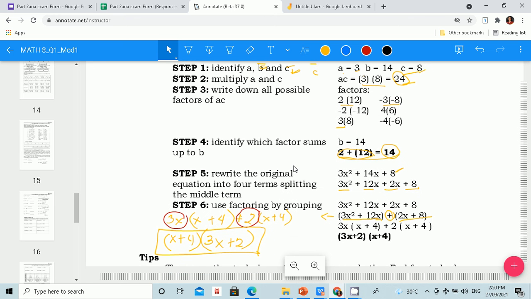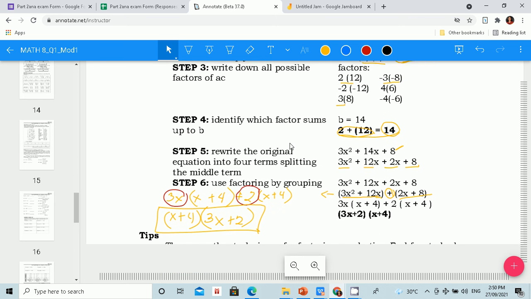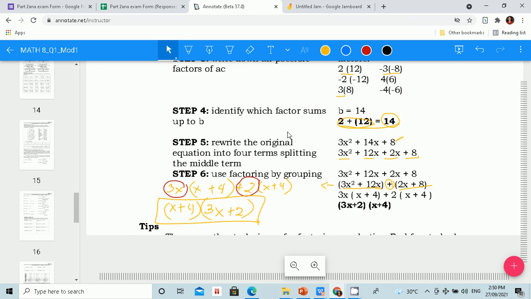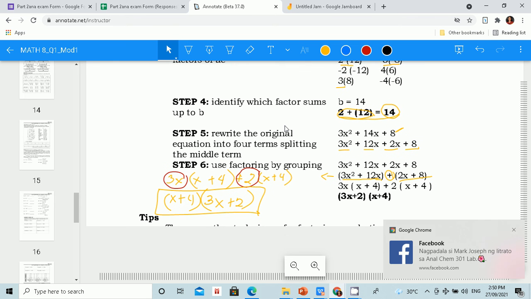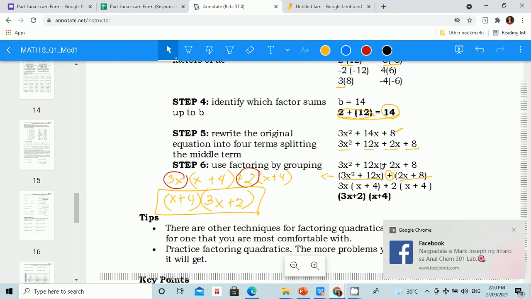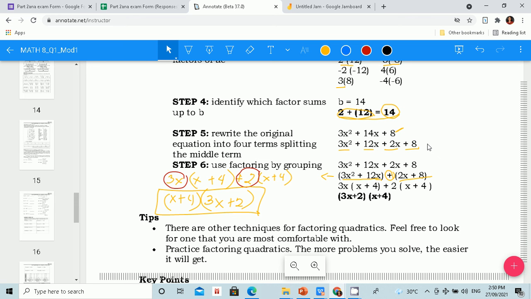We identify which factor sums to 14. And then we group, because we have 4 terms. Then that's it.